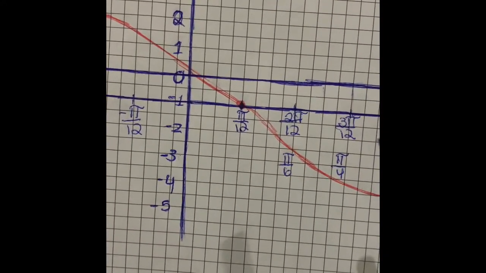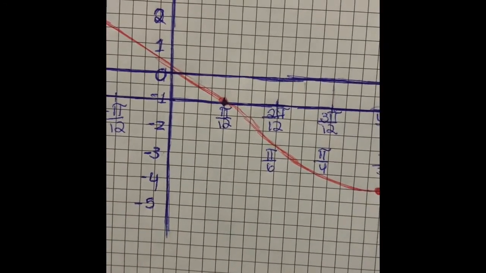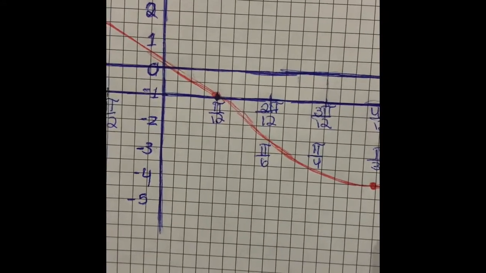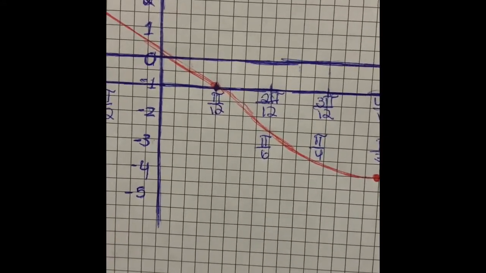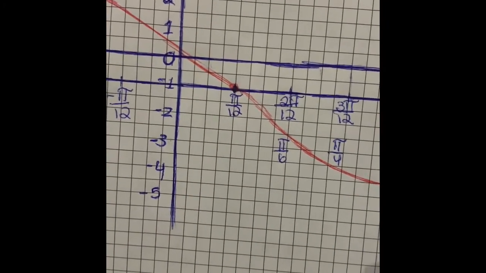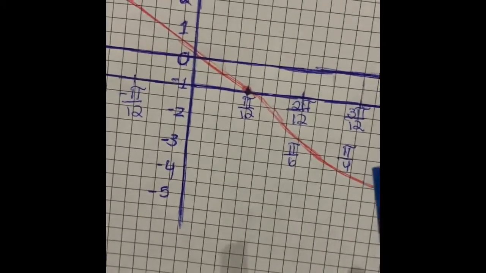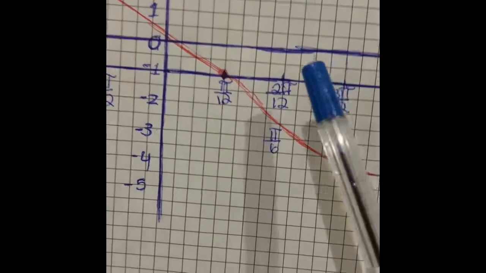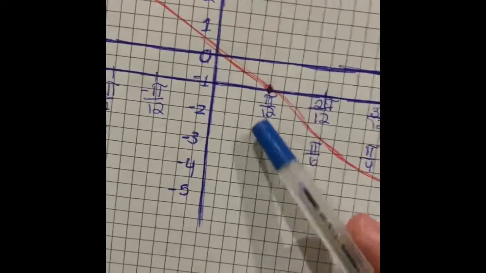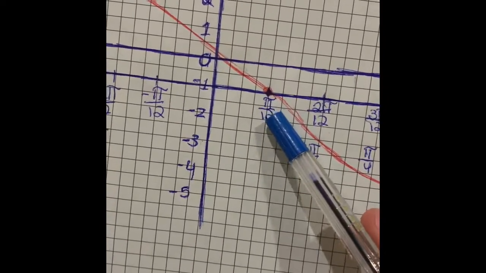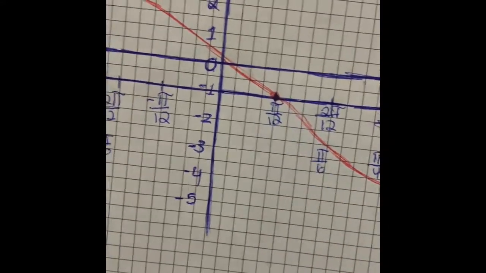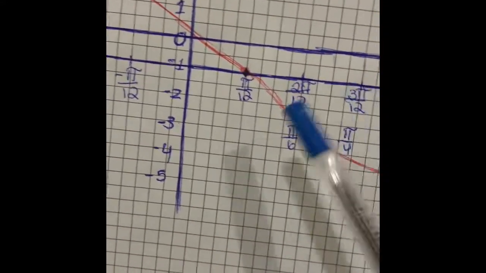We need to put them in order from the biggest one to the smallest one. From that we have our third point, that is π over 12.